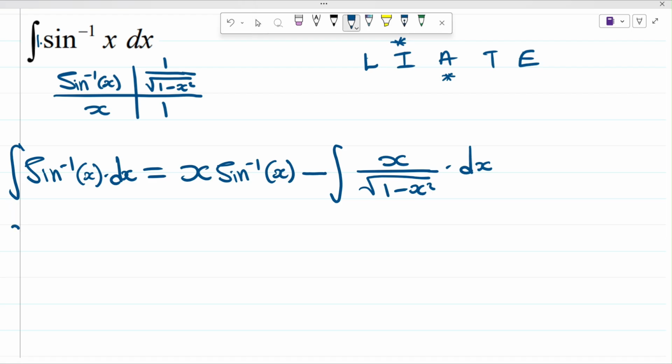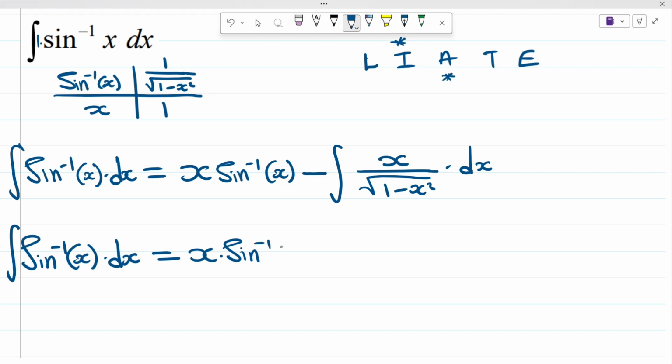So let me just recopy everything again and then rewrite it nicely. This is going to be the integral of sine inverse of x dx, which is equivalent to just x. I'm just copying for this part. I want to rewrite this part nicely. So I'm going to write my x here and then rewrite this one.